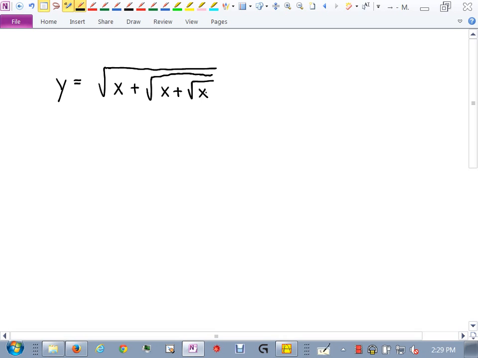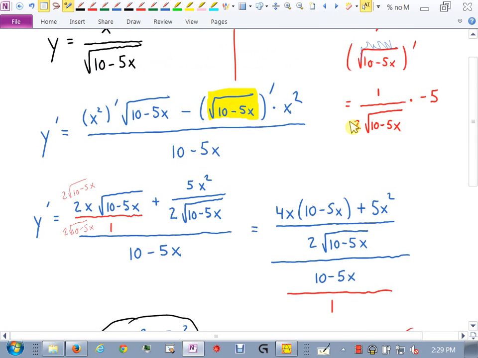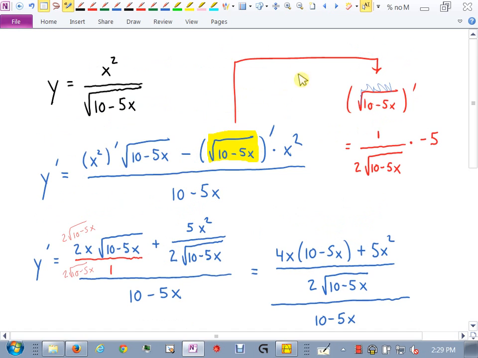Yes? It's all there. Let me see. Hold on. Whoa. Yeah, right here. This is the chain part we did over here. That was the chain part of the problem. The big picture was quotient rule, but in the quotient rule we had to do a chain. Yep.